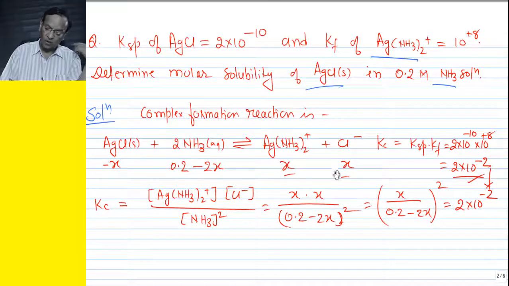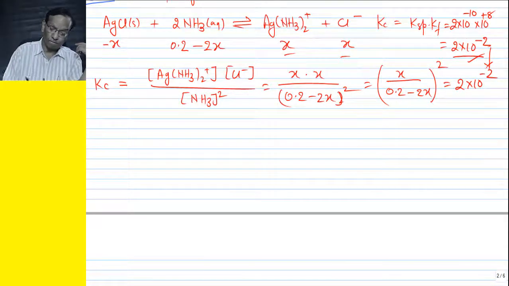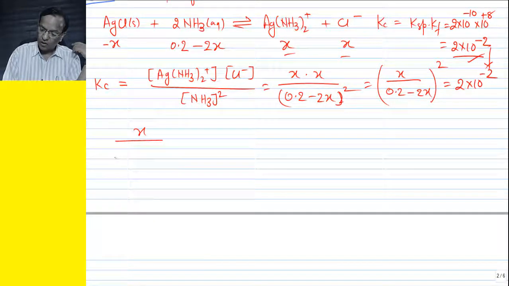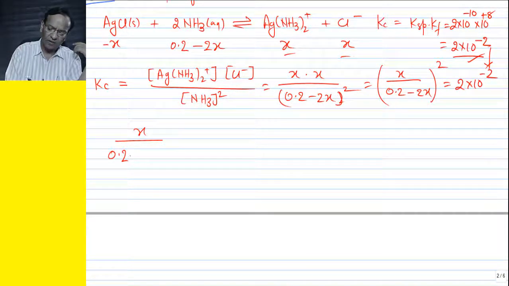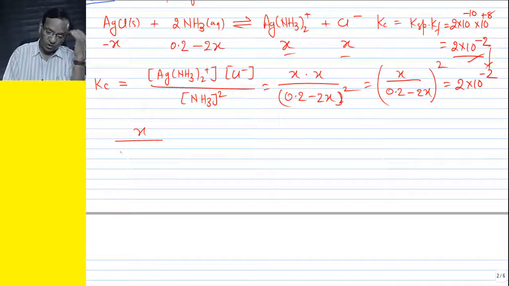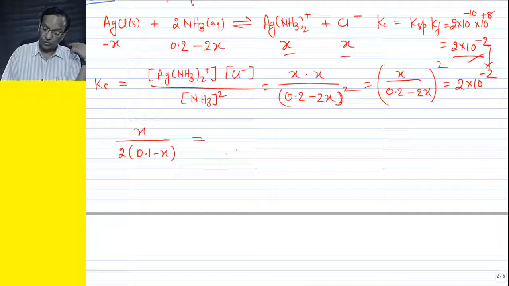So taking square root on both sides, we can find out x upon 0.2 minus 2x. So better we take 2 common from the denominator. So 2 into (0.1 minus x) will be equal to the square root of 2 into 10 raised to the power minus 2.